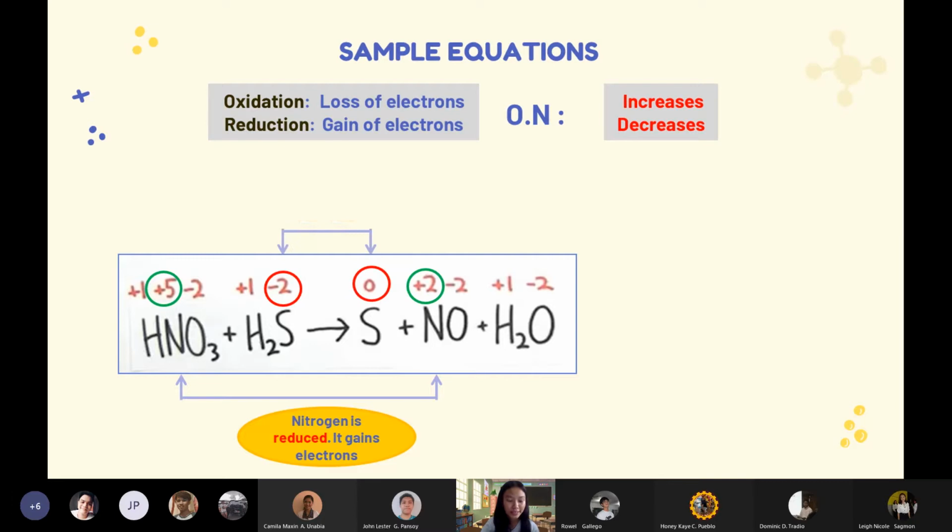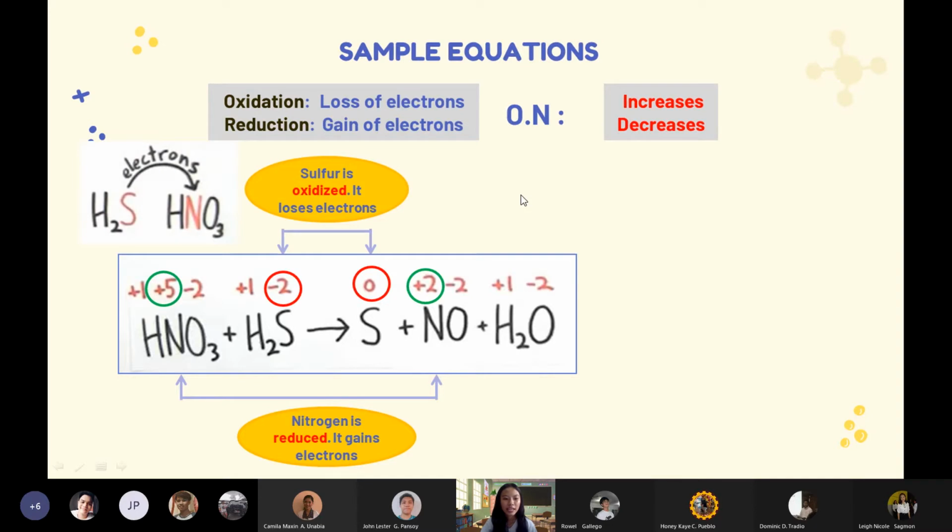It increases, so sulfur is oxidized. It loses electrons. In the diagram of giving electrons, you might as well include the compound. The sulfur is in the compound H2S, so basically sulfur is giving electrons to the nitrogen in HNO3.